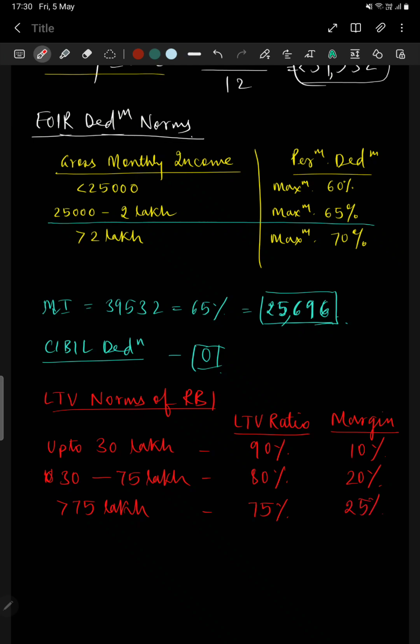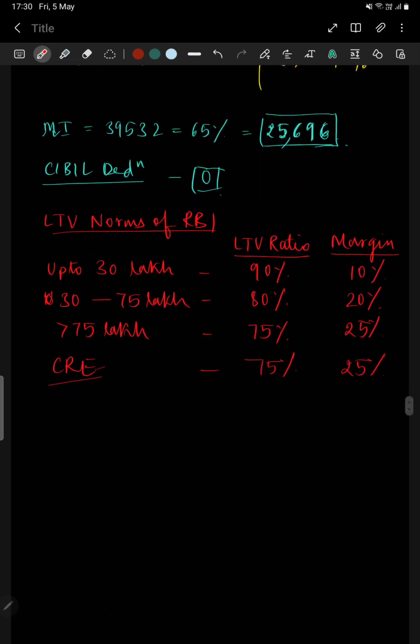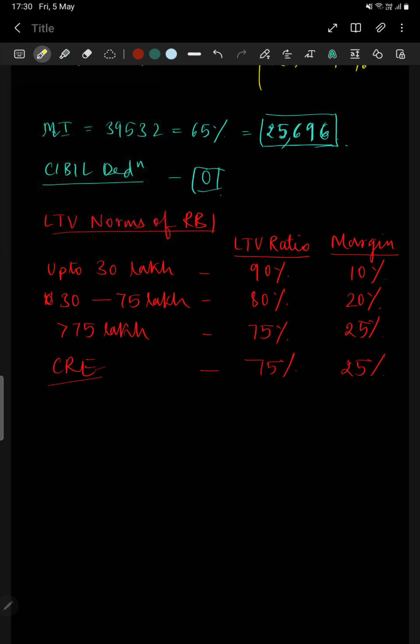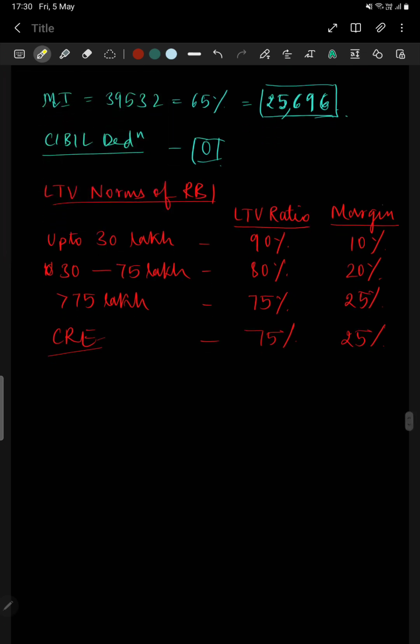Now if there is any CRE exposure, meaning if the rate of interest applicable is commercial rate of interest, commercial real estate exposure, then it would be 75% LTV norms and again margin would be 25%. So now what you have to check, guys, is if the property is under construction.